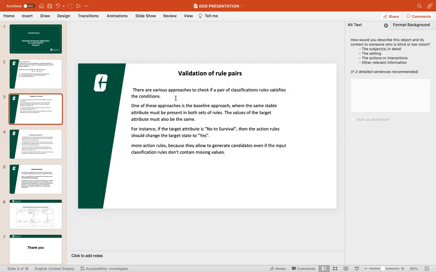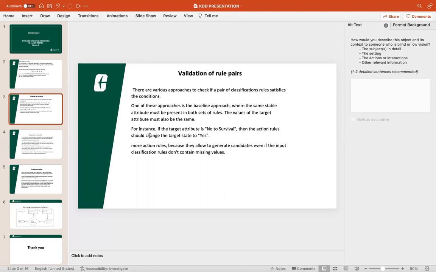Next, there are various approaches to check if a classification rule satisfies the given conditions or not. One such approach is the baseline approach, where the same stable attribute is present in both the sets, and the target attribute value should also be the same.